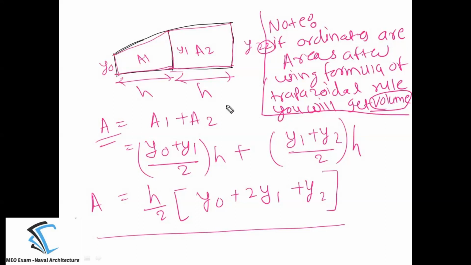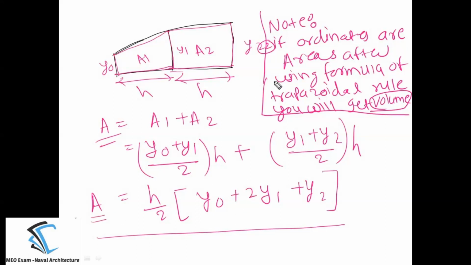The mathematics behind the formula doesn't change. It remains the same. Only the physics is going to change. That you need to understand in the case of numerical integration. Now, one more thing. So this is the formula.